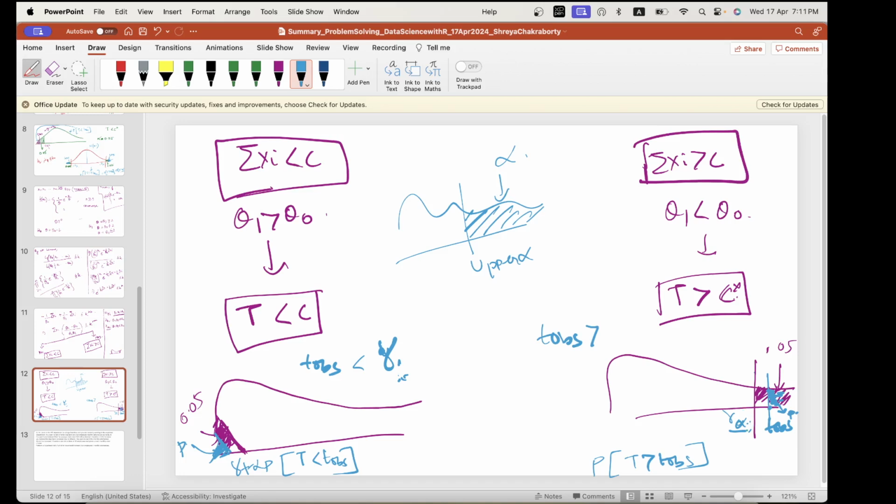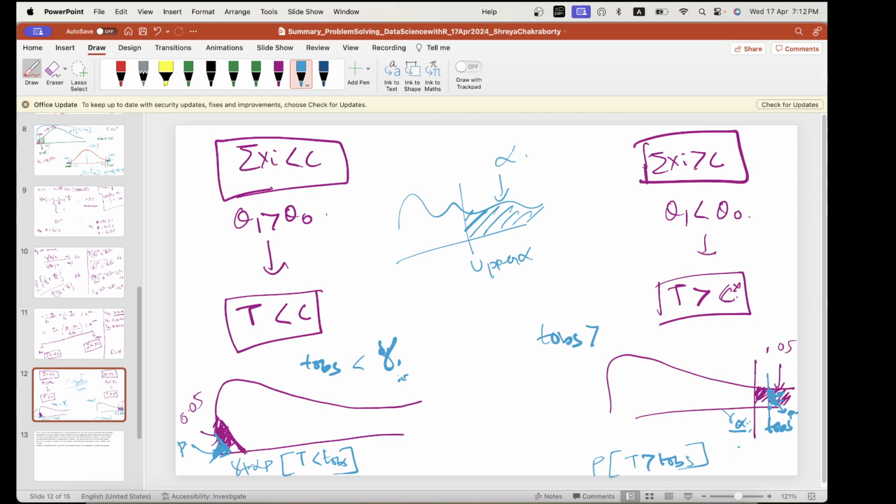Note, if you do not have a symmetric distribution like normal or t, but a skewed distribution, then the lower alpha point, or upper 1 minus alpha point, and the upper alpha point are not symmetric about 0.